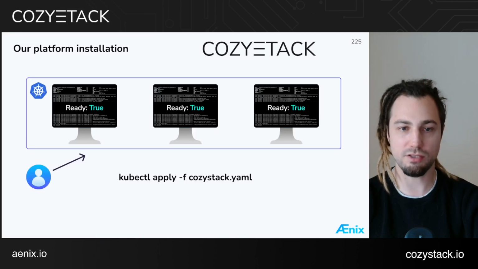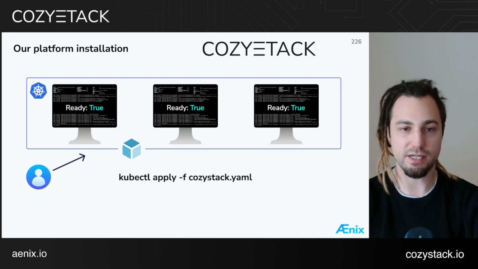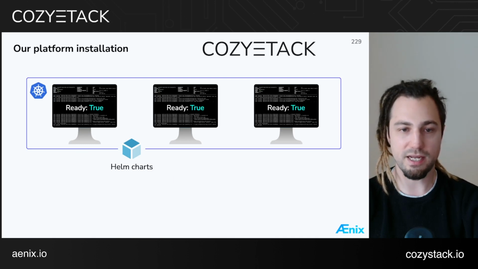So we let the user create a single YAML configuration after their Talos Linux cluster gets bootstrapped. They only create a single YAML file. It actually creates the container, and this container contains all the needed Helm charts to use in our system.